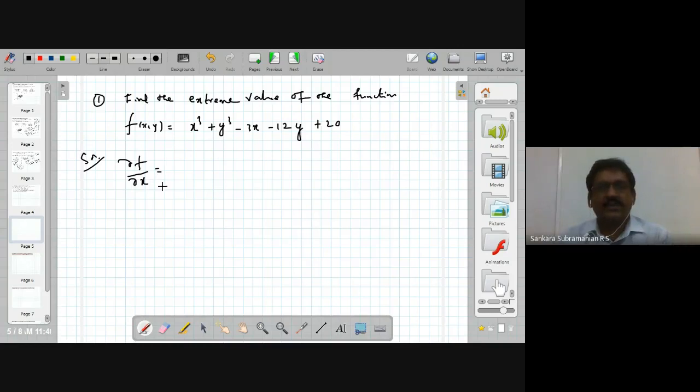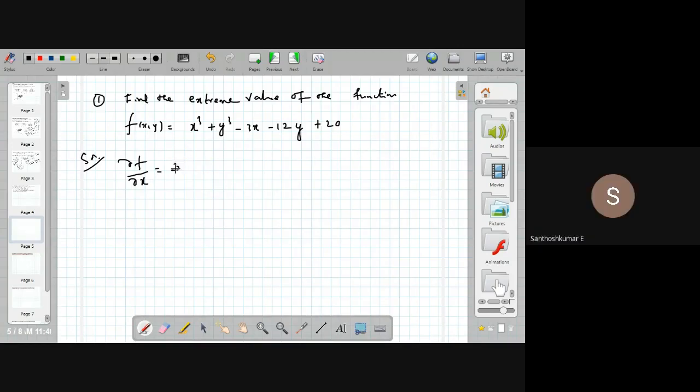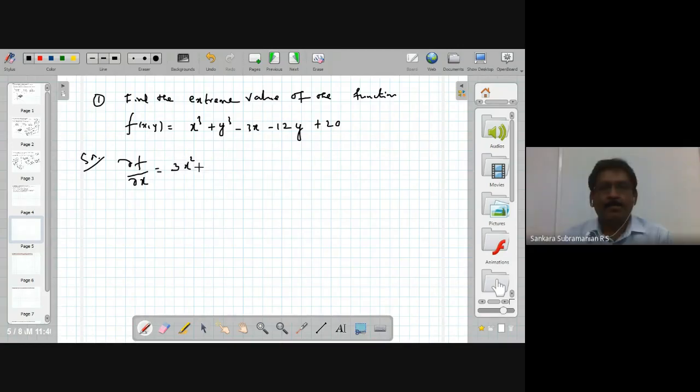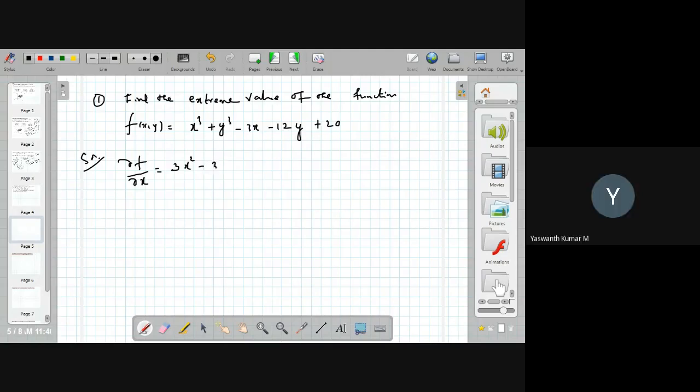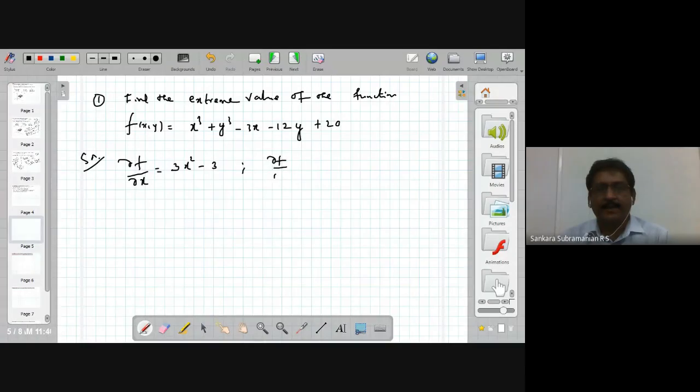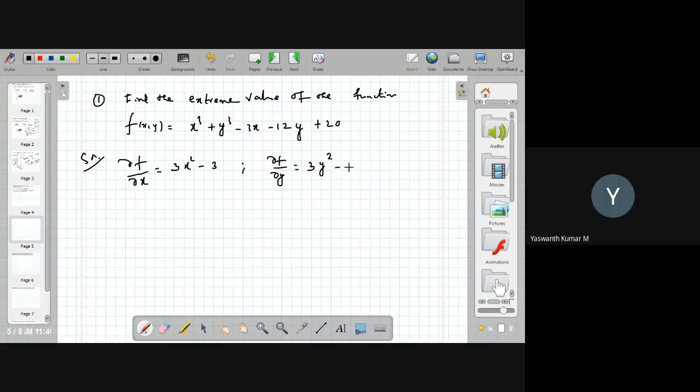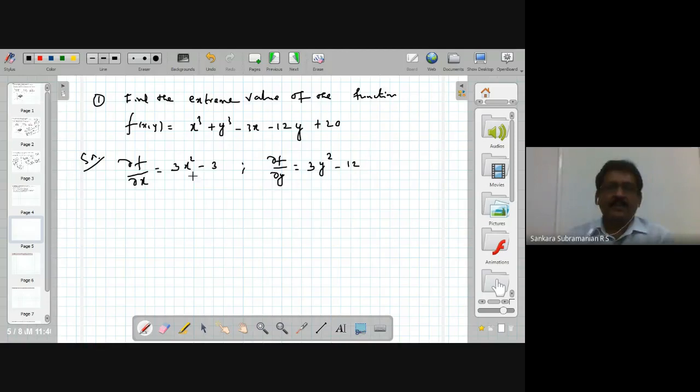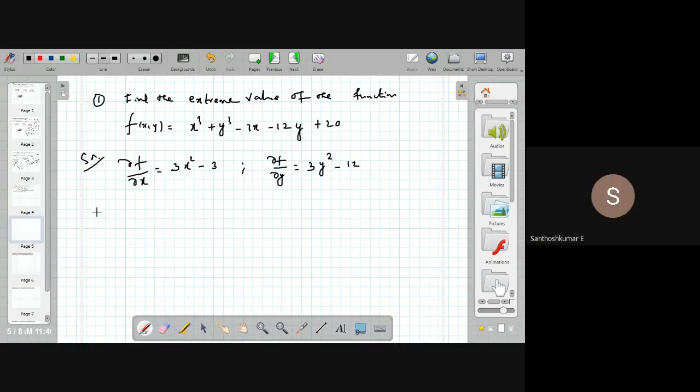What is dou f by dou x here? 3x square minus 3. Then find dou f by dou y. You will be getting 3y square minus 12.